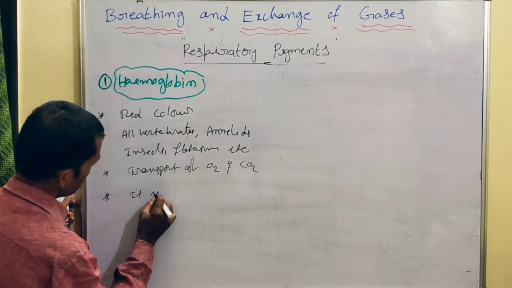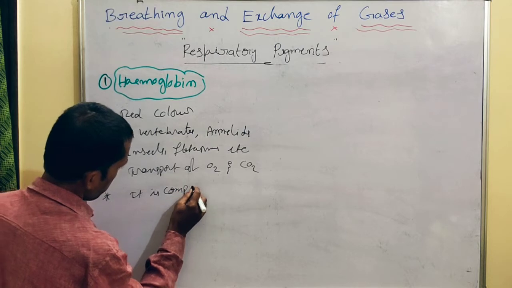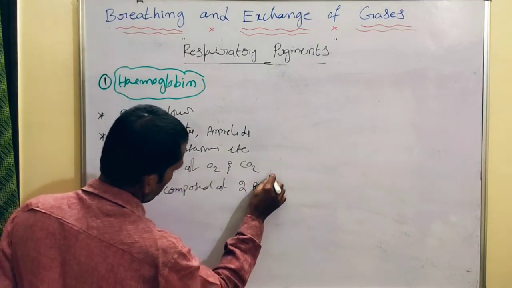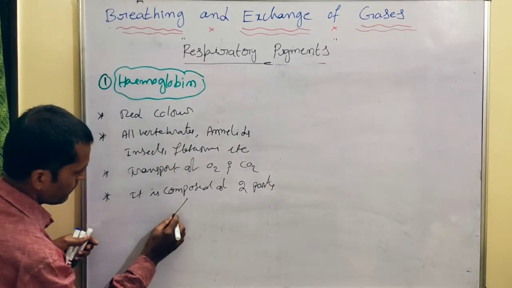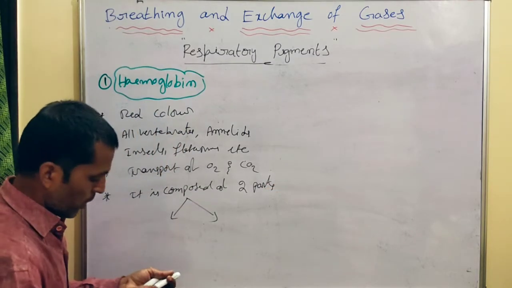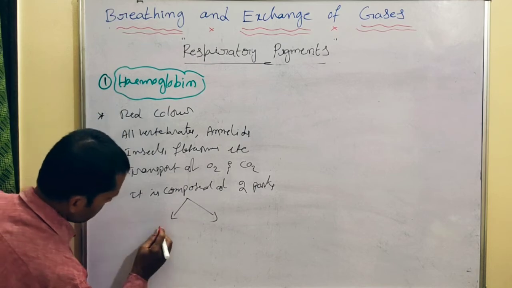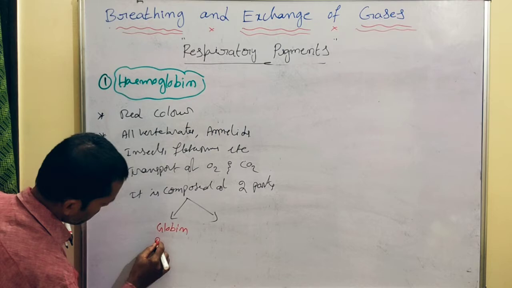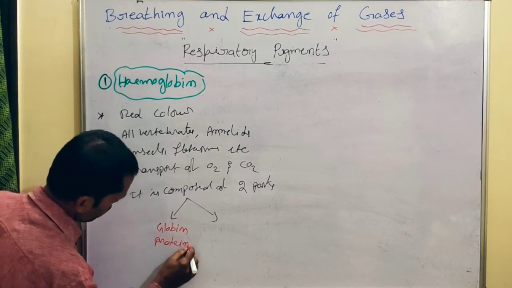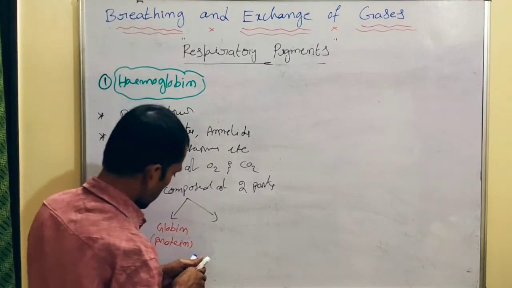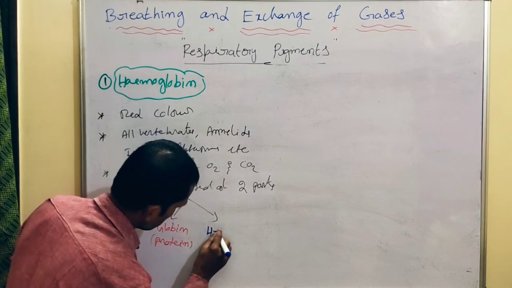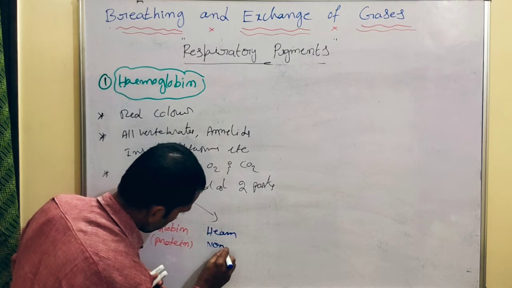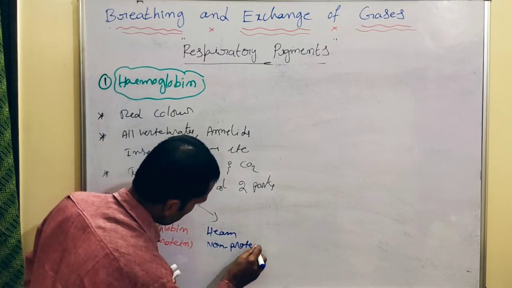Hemoglobin is actually composed of two parts or components. One component is called globin, which is the protein part. Another one is heme, which is the non-protein part.